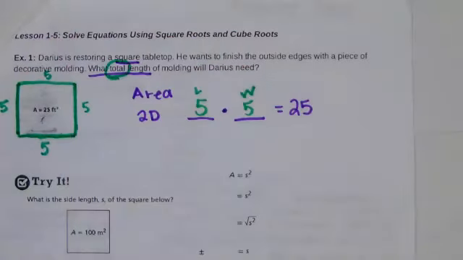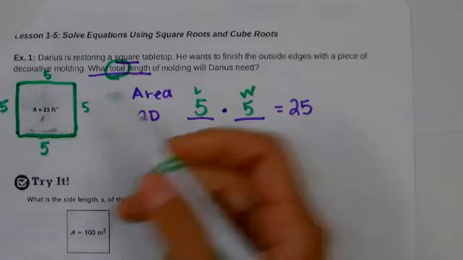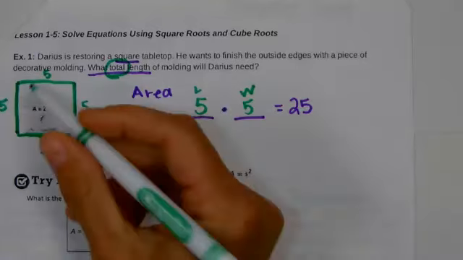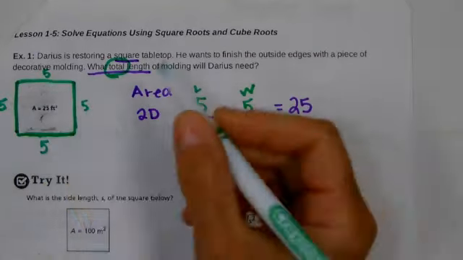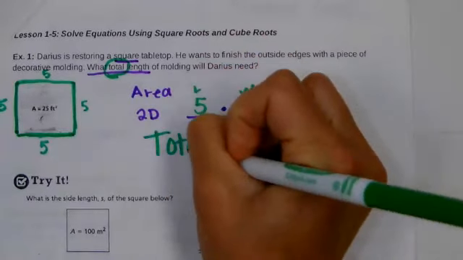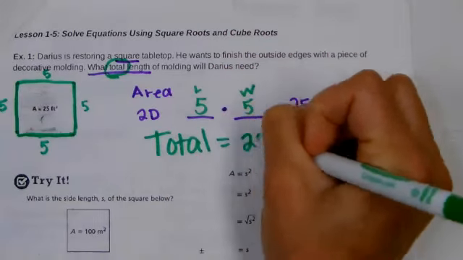If we have 4 pieces of molding, and they're all 5 feet, how much is it total? 20. 5 plus 5 plus 5 plus 5. If I add that all up, our total is going to be 20 feet.